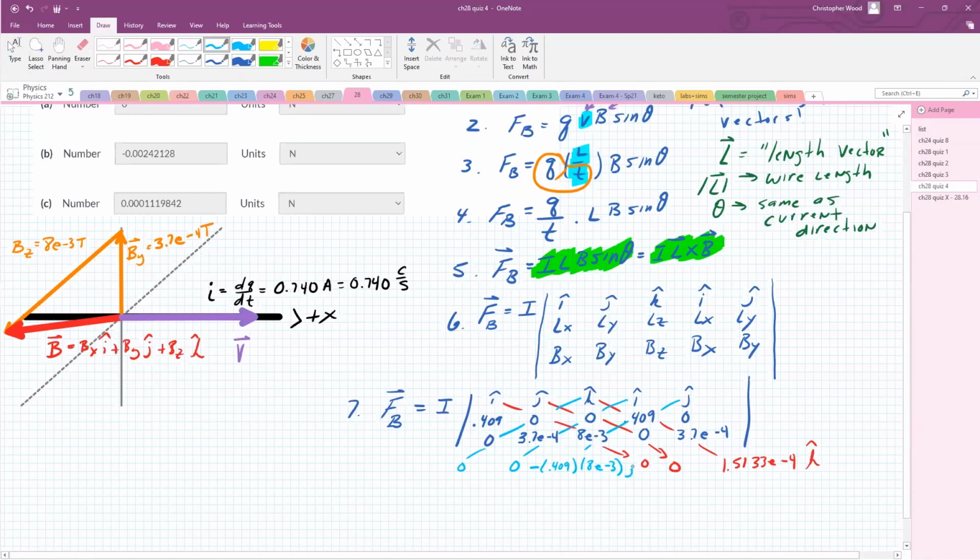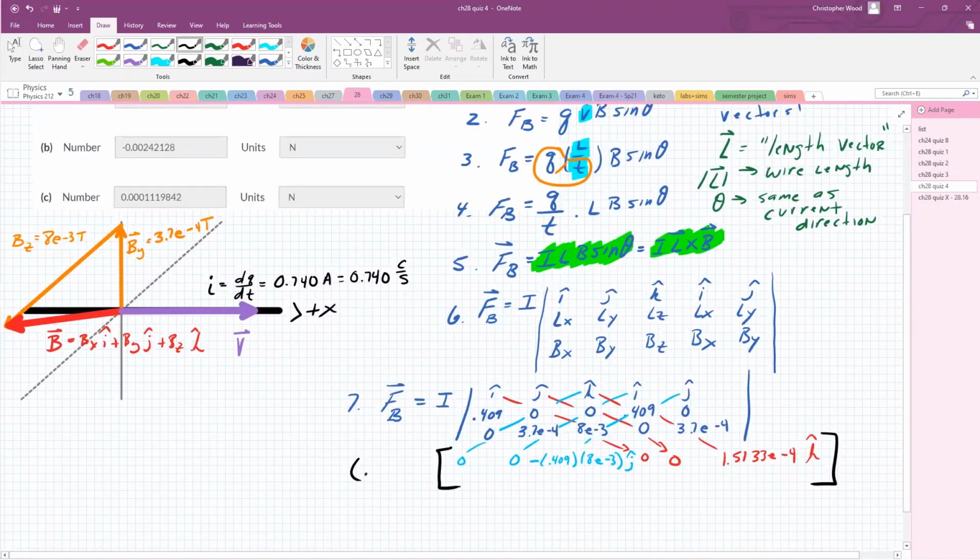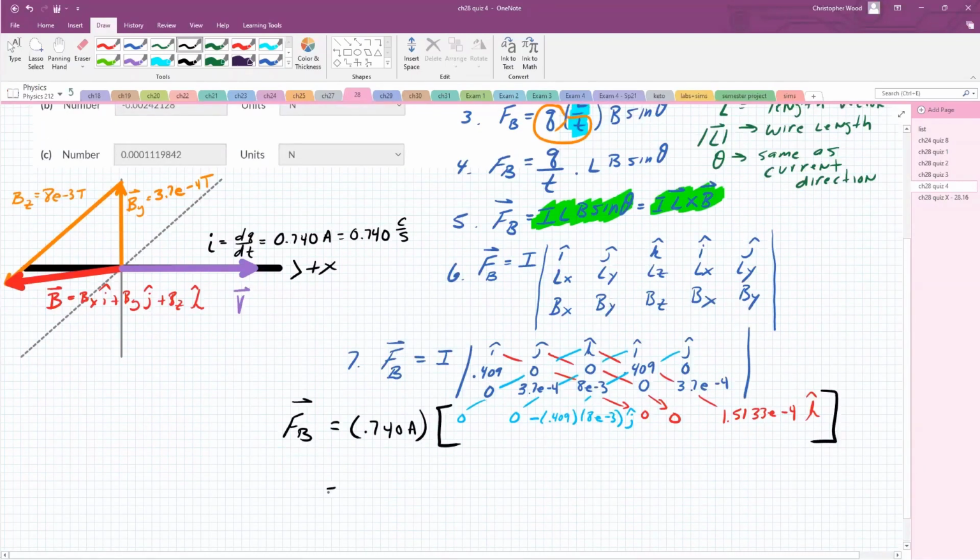So that's my result of L cross B. Then I take this entire result and multiply it by I, which for me, my current was 0.74 amperes. And that's the magnetic force acting on this current carrying wire. Okay, negative 0.409.